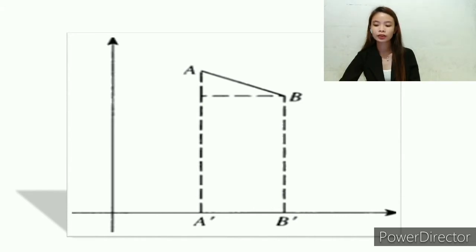So, as shown in this figure, point A and the complement of A and point B and the complement of B are the points. However, line segment AB is not equal to the line segment A complement B complement.